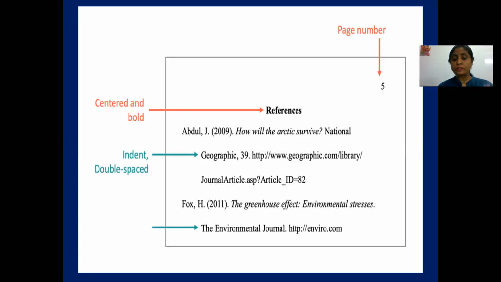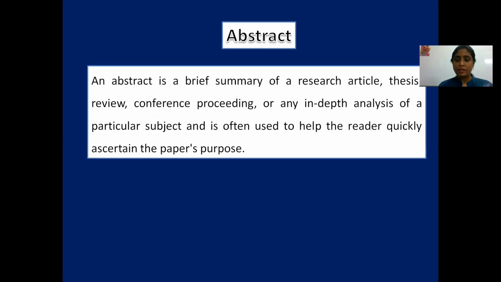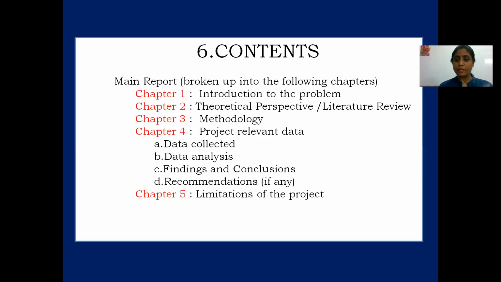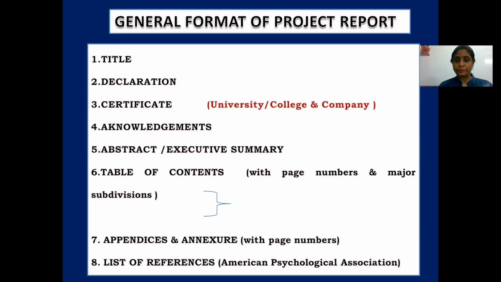Normally, how do students write references? Putting in a tabular column with 3 or 4 columns and rows, mentioning one after one. That's not the way to mention. You must follow APA style, right? In the first slide itself, I have mentioned that APA. Is there anyone who observed that?